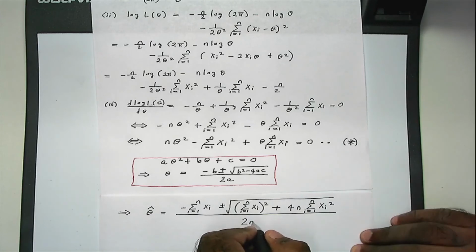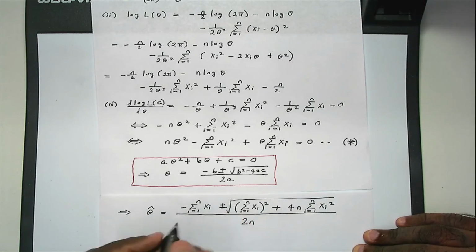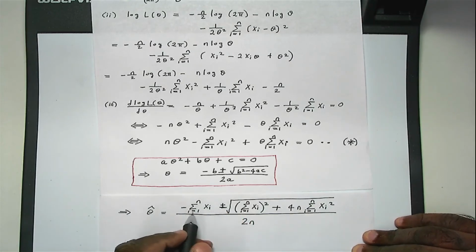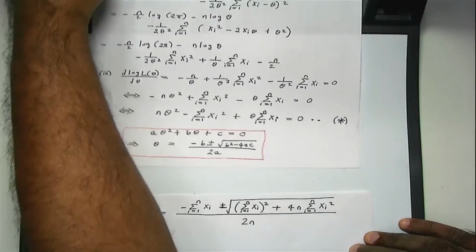Now the question is, you see you have two roots here. One is plus, one is minus. Which one is the valid one? That's the question we must answer right now.